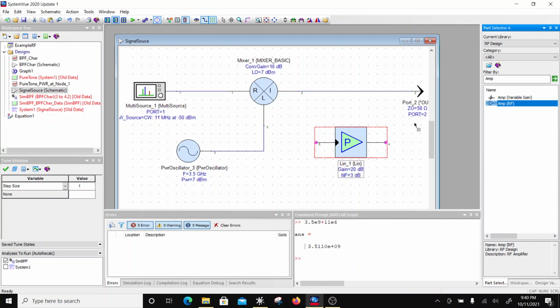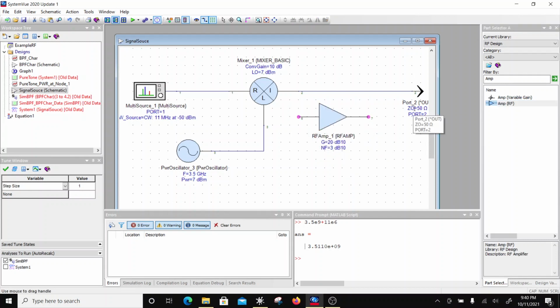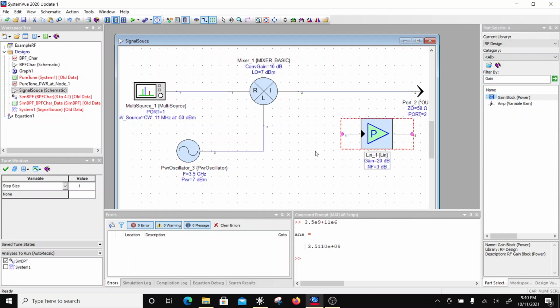Yeah, there is a RF amplifier also here. Okay, so we'll come to the distinction later on. So this is more like a voltage gain. So this is a voltage gain amplifier. And this is more like a power gain block.